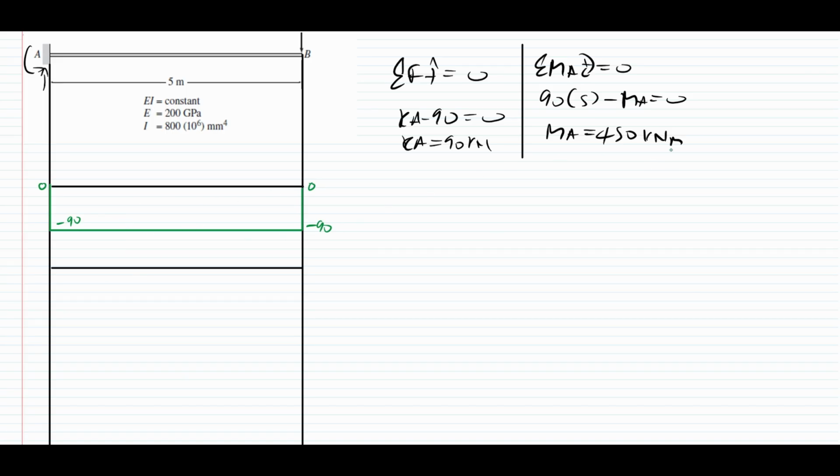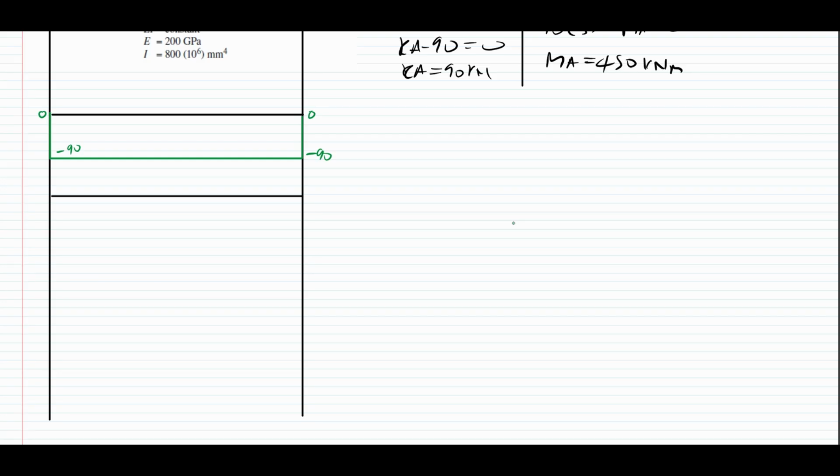The steps are not compulsory, as they were covered in theory of structures, but you will need to show your answers. Then our bending moment at B is going to be 0, and at A, we have negative 90 times 5, which is 450 kilonewton meter, plus our 450 at A, going back to 0.